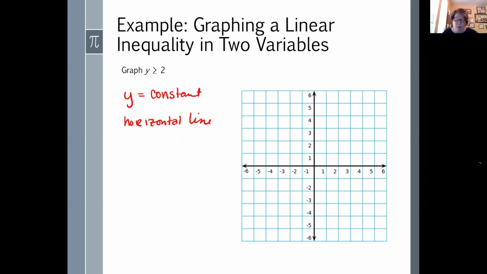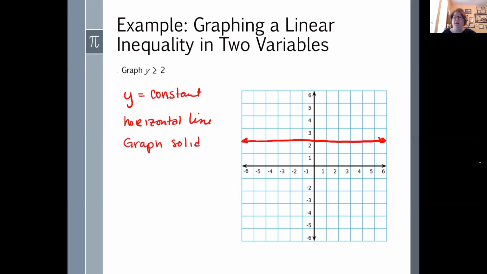So I would pick 2 points on the horizontal line, y equals 2, any 2 points there, and I'd graph the line. And I'm going to graph it solid because I have greater than or equal to. All right, there's my horizontal line at y equals 2.